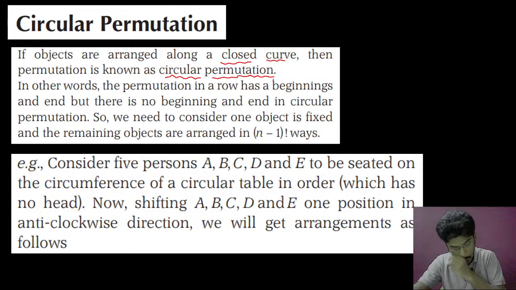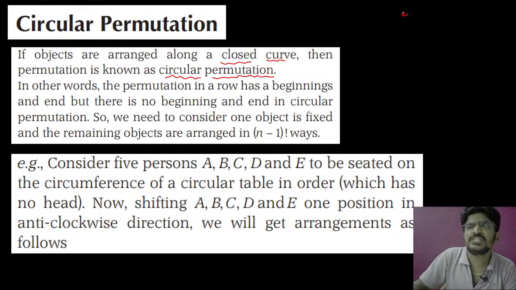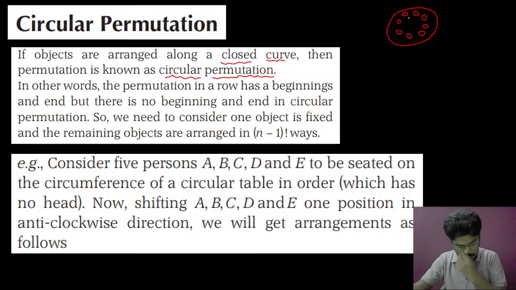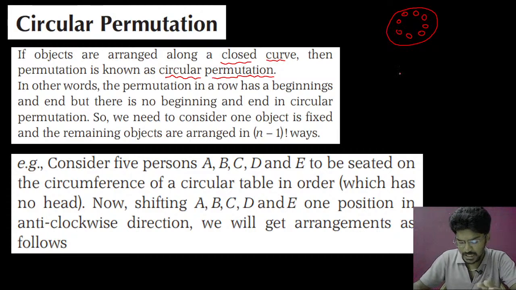You can just see here the arrangement of the objects in a circular shape is called circular permutation. So here there will be no beginning as well as no end.